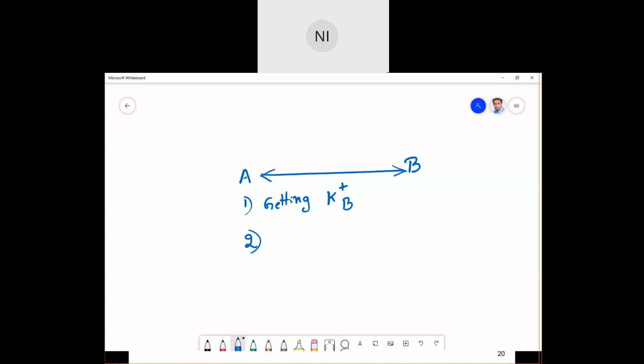Let's assume that this is the case. I will write Alice has this one. So Alice has this key, which is Bob's public key.